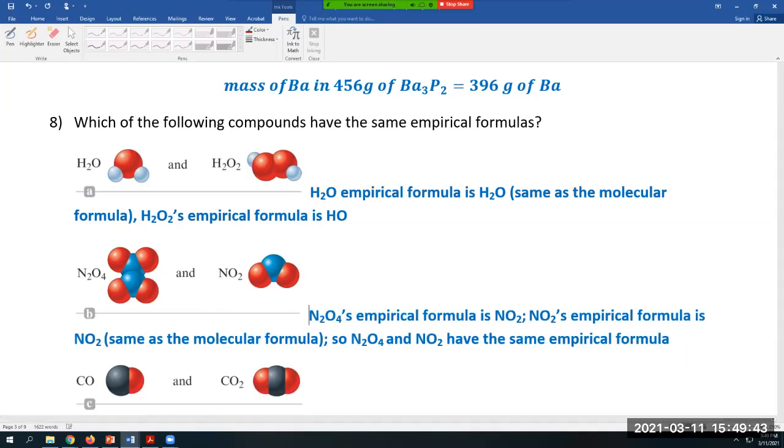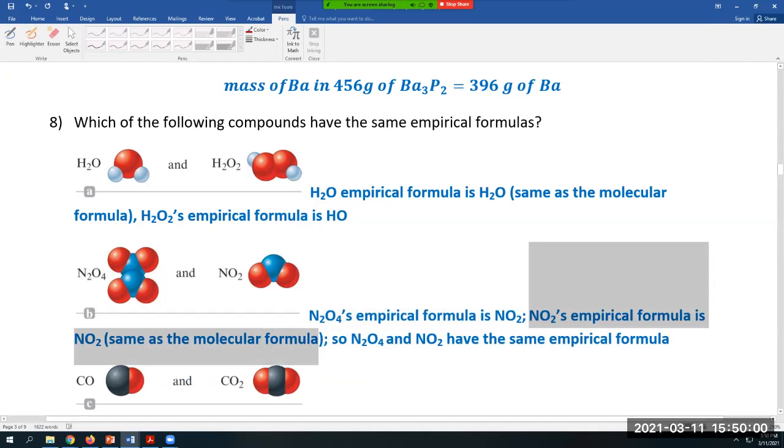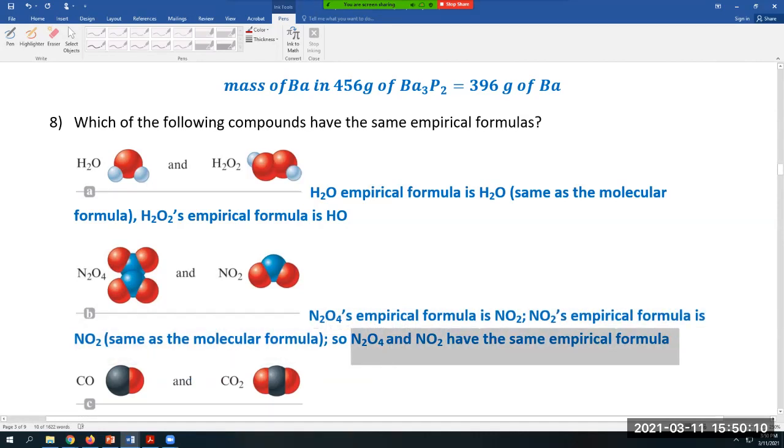And you can see that the empirical formula of NO2 is going to be NO2 again, because you cannot reduce the subscript of 1 for nitrogen to a smaller subscript. So the NO2 empirical formula is the same as the molecular formula, NO2. So here we go. We have the same empirical formulas for those 2 compounds. So that's a pair that fits the question here. N2O4 and NO2 have the same empirical formula.